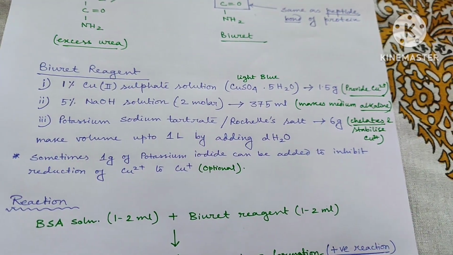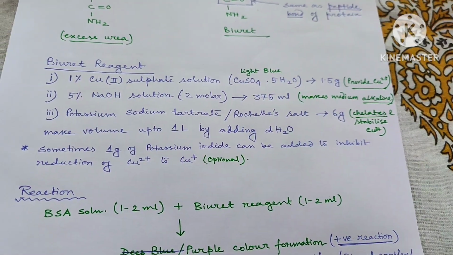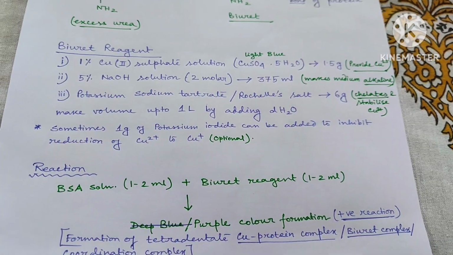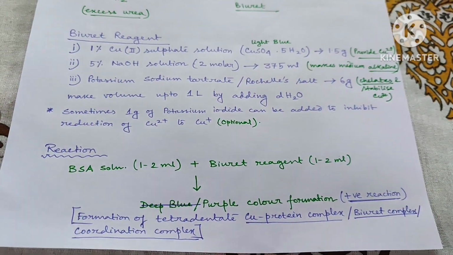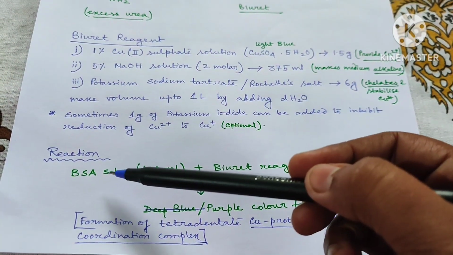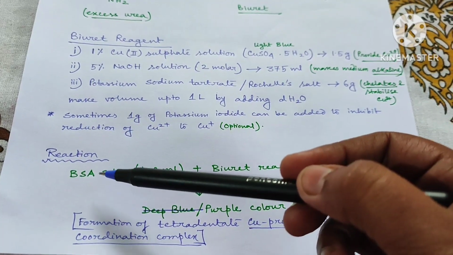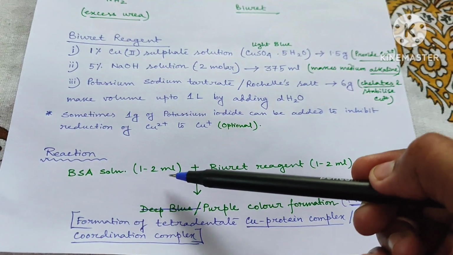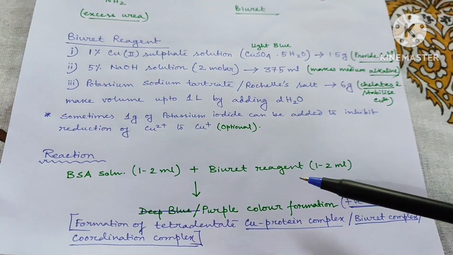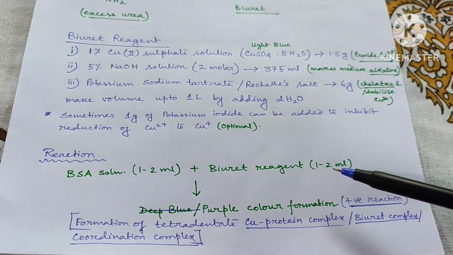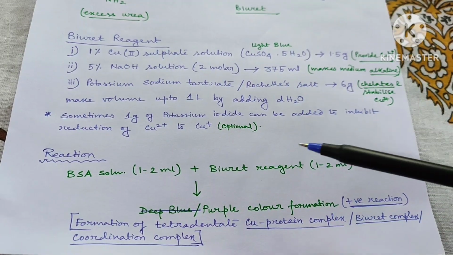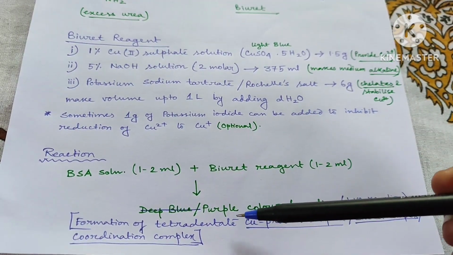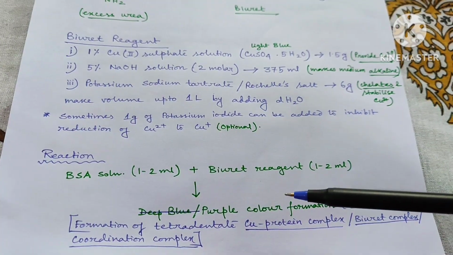Okay. Now, how do these components help in the reaction? Let's see. See, this is the BSA solution. BSA is nothing but the bovine serum albumin, which is a standard protein solution. Take 1 to 2 ml of BSA solution and take the biuret reagents, which is also 1 to 2 ml. And when they react, they will show a purple or violet color formation.